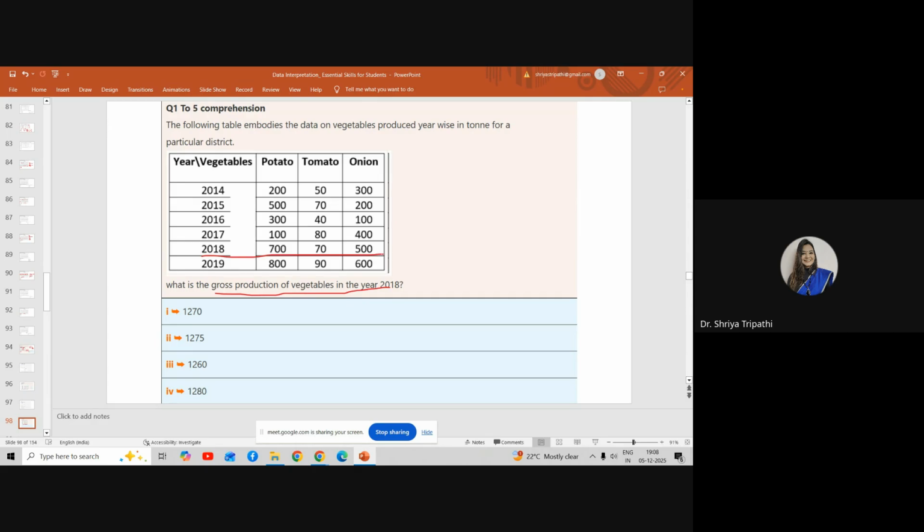Just focus here. Everyone understood? Very basic. 7 plus 5, 12. 12 plus here we are doing 70. Got it? 1270. Good.